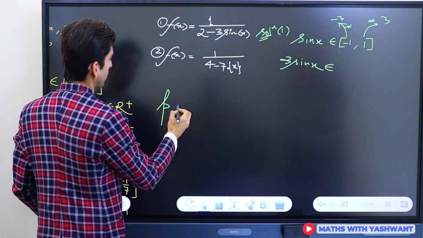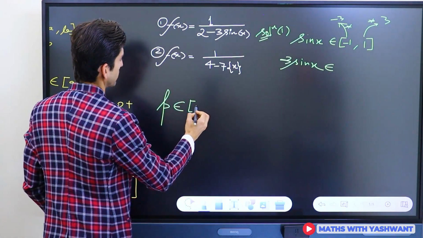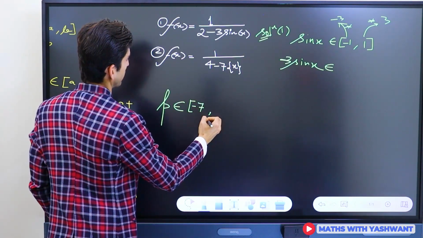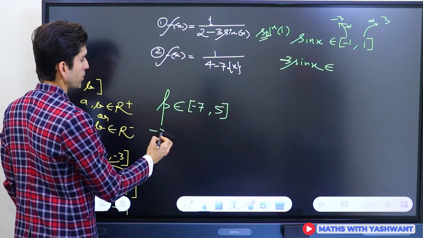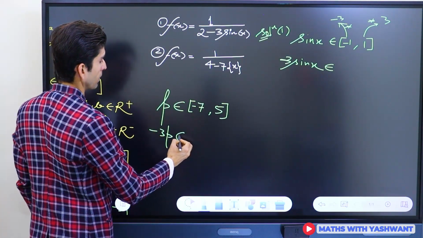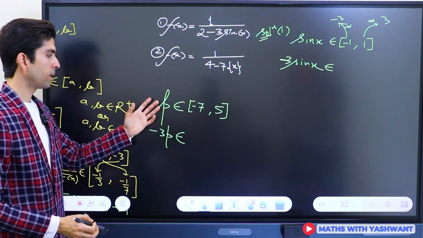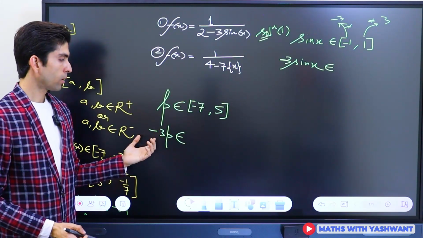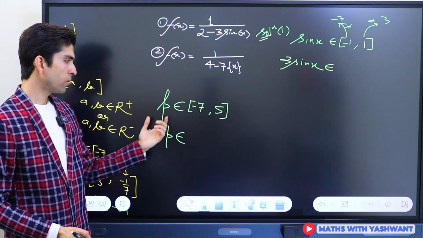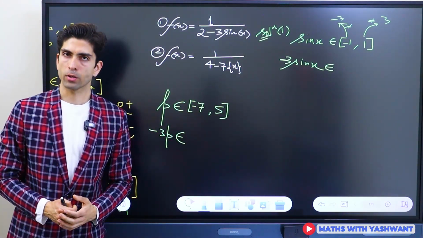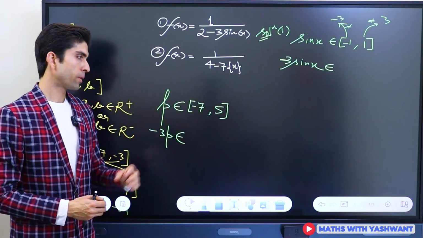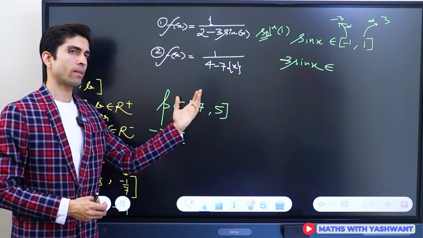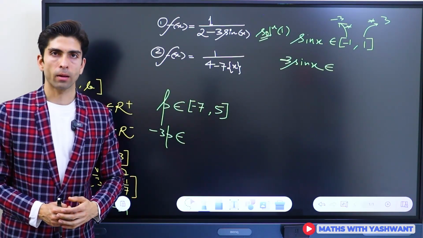Let's suppose P is a number whose range is, let's say, -7 to 5, and we have to find the range of -3 into P. That means we are multiplying P by a negative constant. So -3 will be multiplied to all the elements of the range. So we multiply -3 to the least and the greatest value of the range as well.